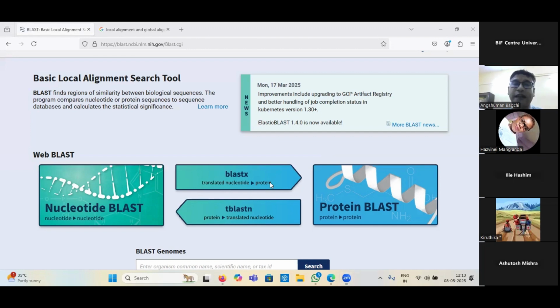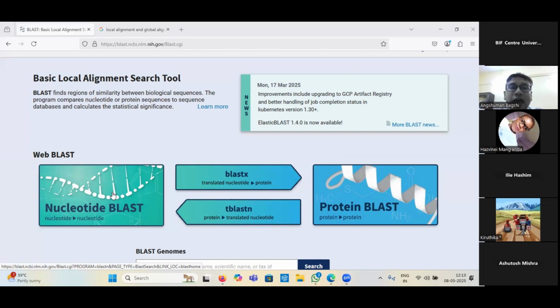Okay. Now, in general, our main area of interest is the protein. Why protein?